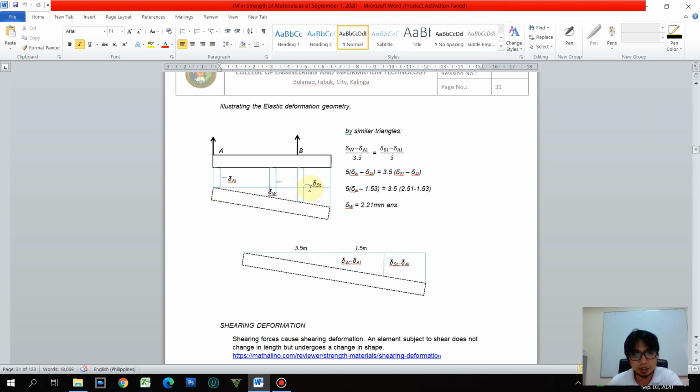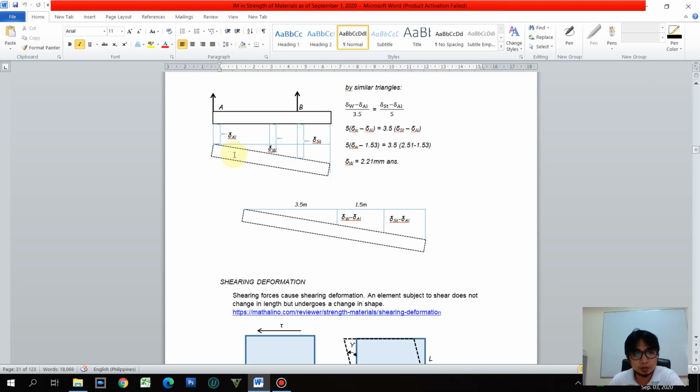Just bisect this to form the right triangle from the trapezoidal shape. The purpose of that is, of course, that we will relate these deltas through similar triangles. By similar triangles, we should first know the inner dimensions of this right triangle.